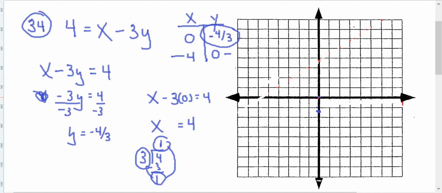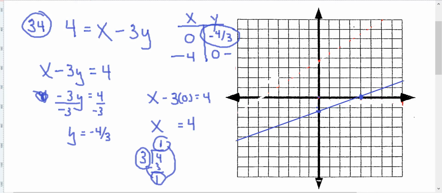Starting at the origin, go over 4, and there's the second point. So there you have your 2 points. Draw your line. Like I say, it's not exact, but it's the general area of where this line would be. Pretty close though. Thank you for listening to that extra bit of information.